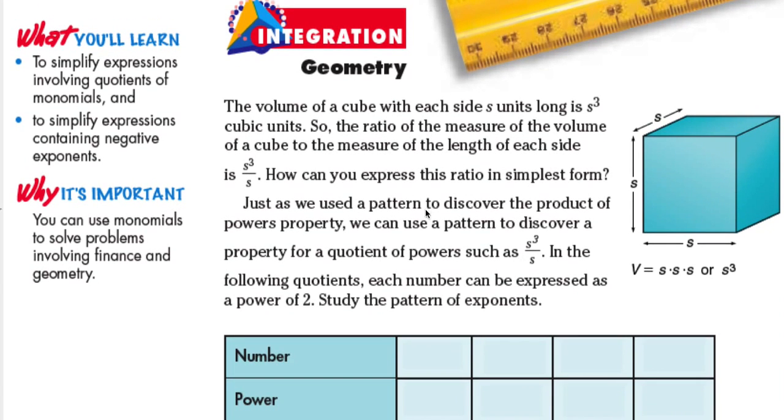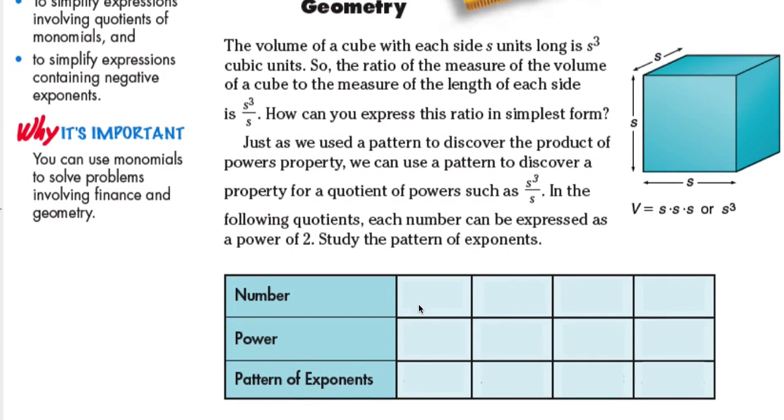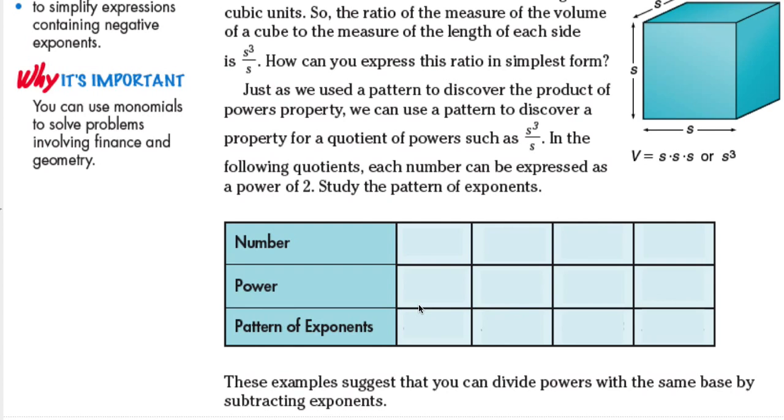Just as we use a pattern to discover the product of powers property, we can use a pattern as well to discover a property for the quotient of powers such as s cubed over s. In the following quotients, each number can be expressed as a power of 2.